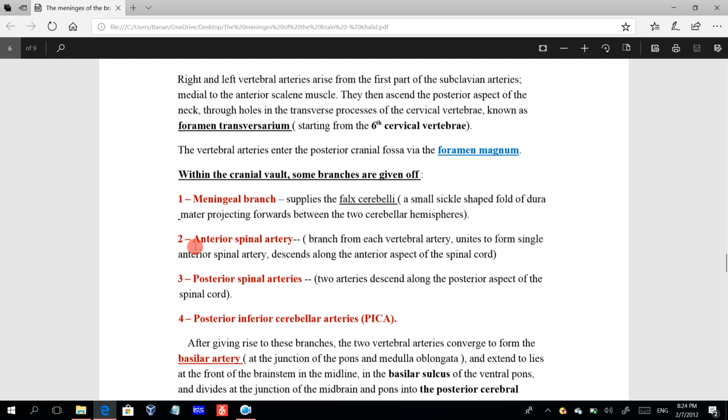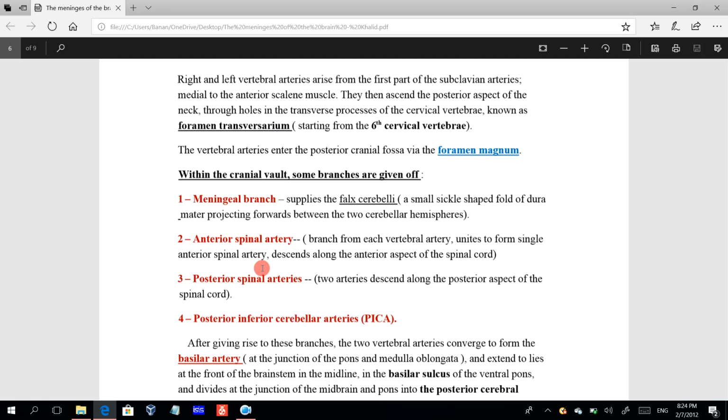The second branch of the vertebral artery is the anterior spinal artery. The anterior spinal artery branches from each vertebral artery and unites to form a single anterior spinal artery and descends along a fissure or a sulcus in front of the spinal cord.